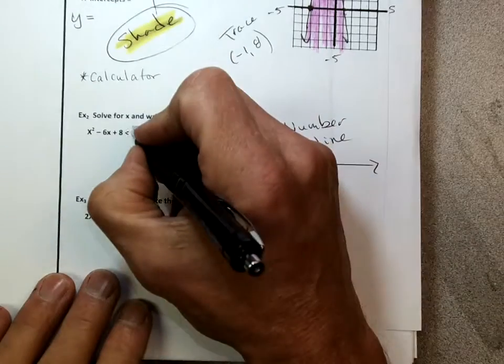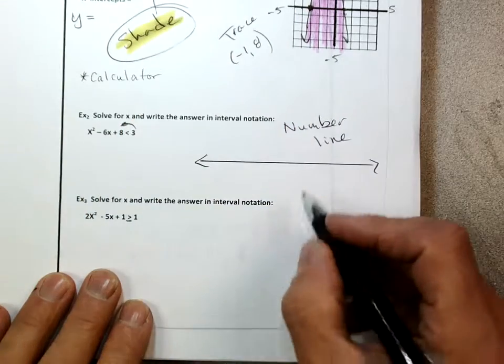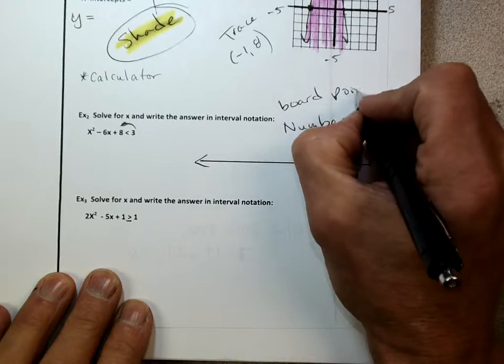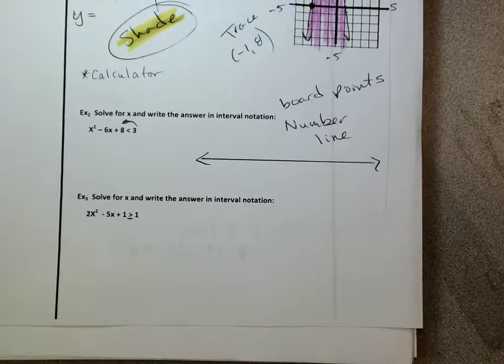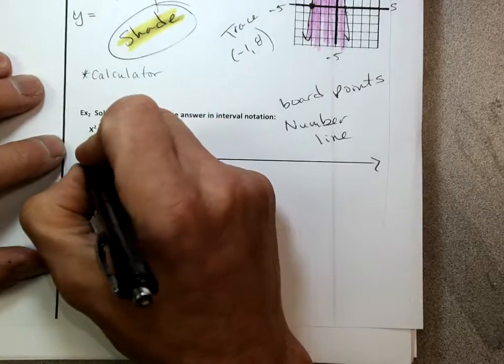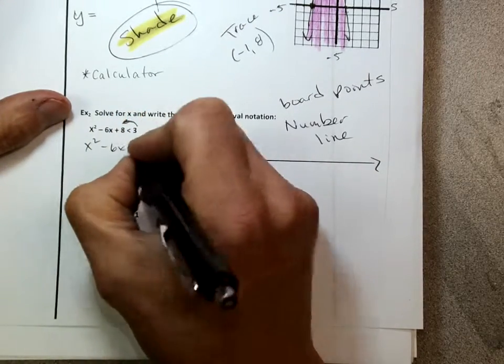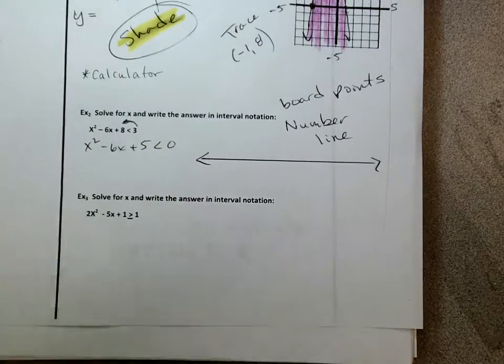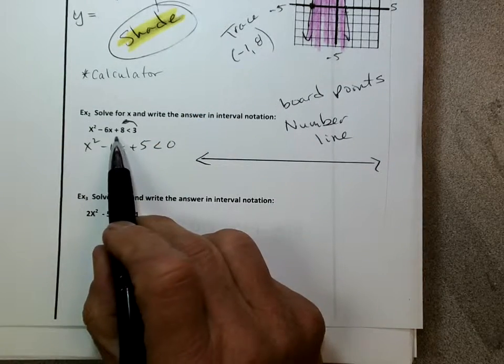If I bring over the 3, because what I want to find on my number line are border points, I want to find border points on my number line. So I bring over the 3. I'll have an x squared minus 6x plus 5, right? We agree if I subtract 3, I get a 5.